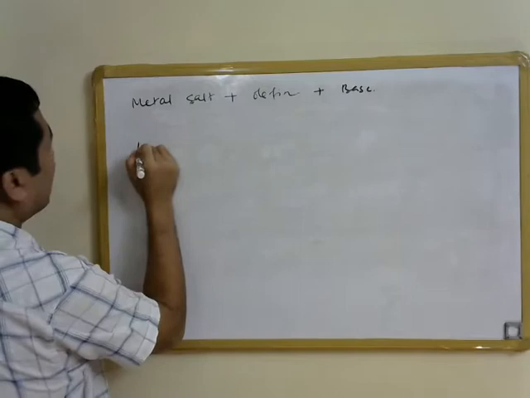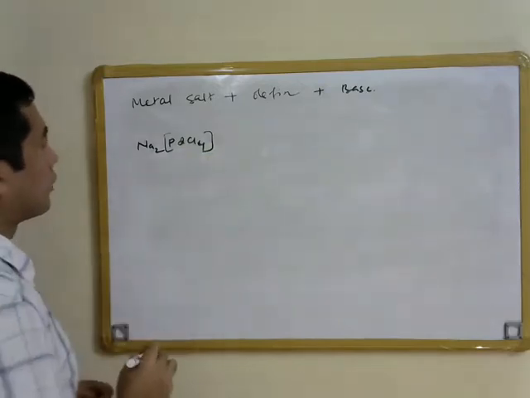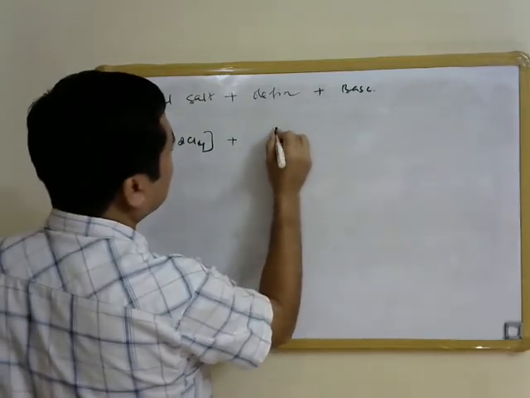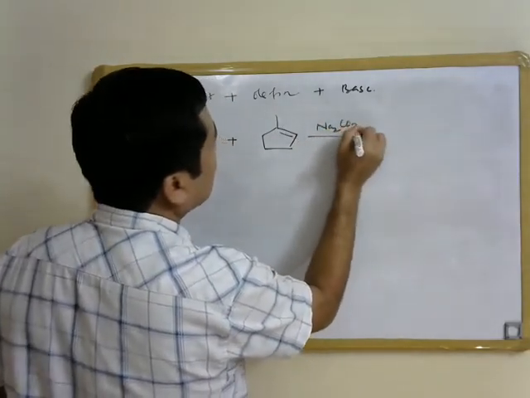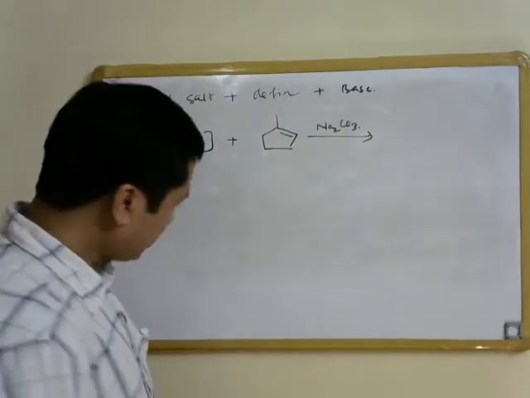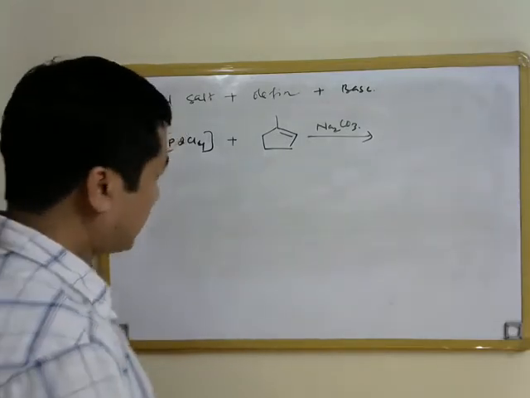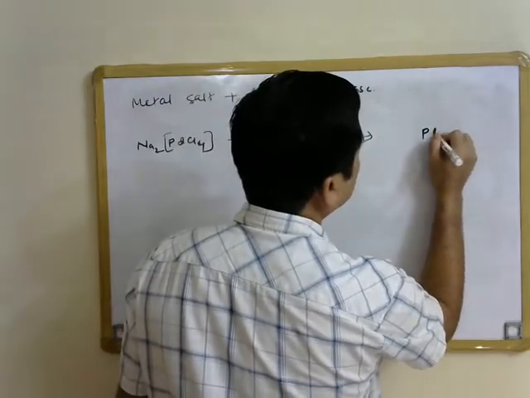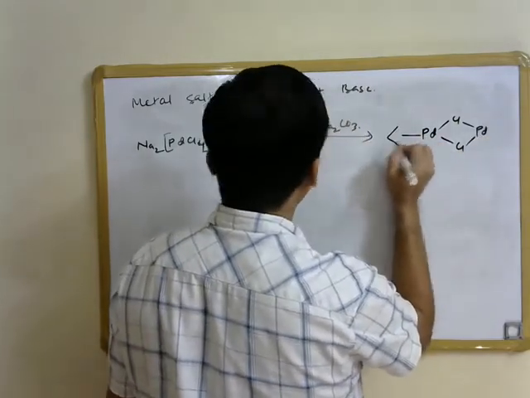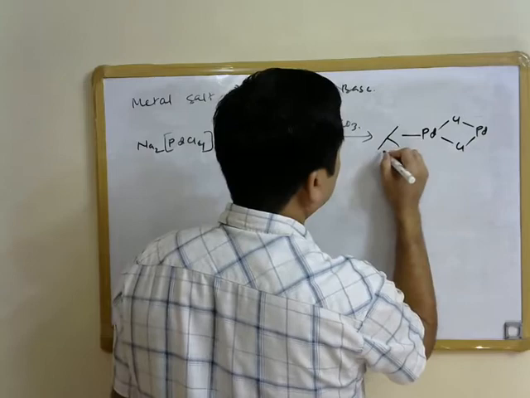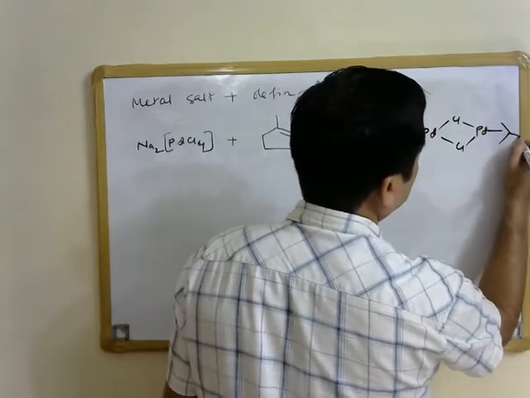An example of this sort of reaction is if you take the tetrachloropalladium complex over here and then react it with an olefin in presence of a base, this will give us a dinuclear palladium allyl complex in this way.